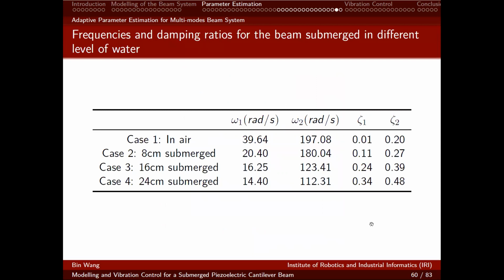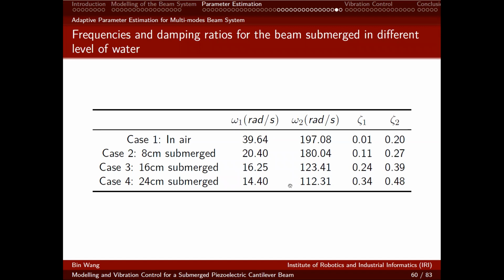We did the experiment to compute the frequencies and damping ratios for the submerged beam in different levels of water. So we can see the evolution of the frequencies and dampings. In air, the frequency is the largest. So I submerged the beam in different levels of water.